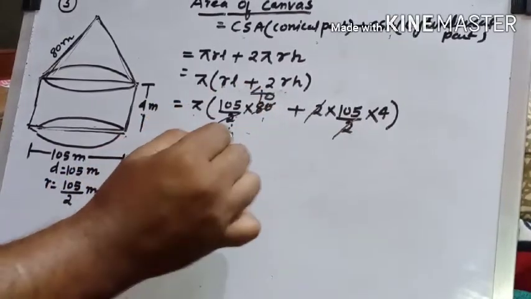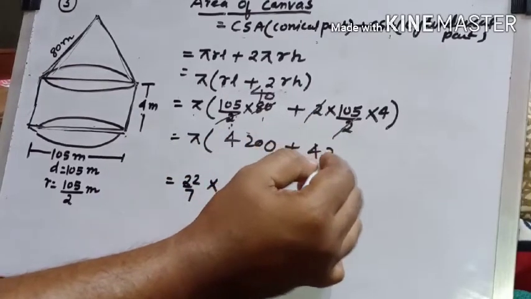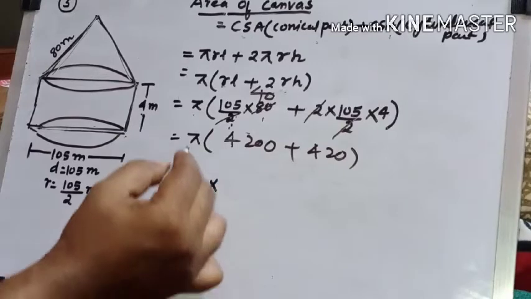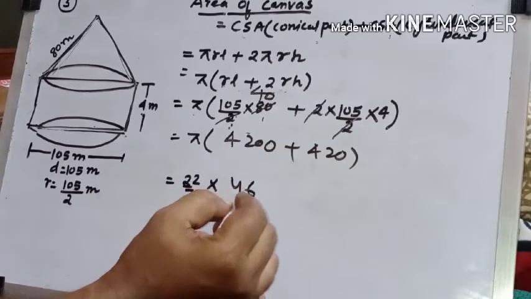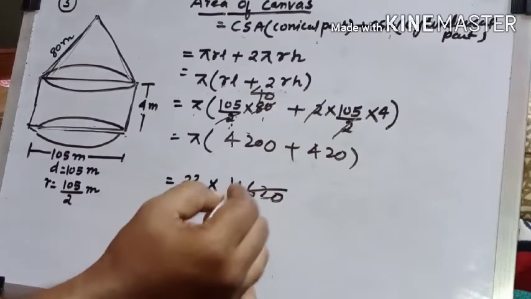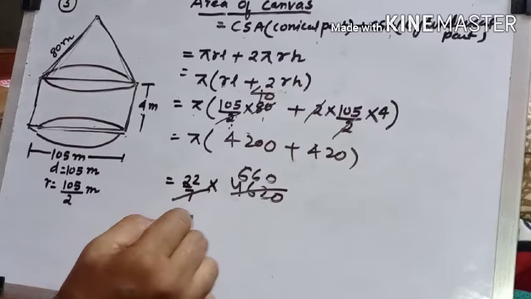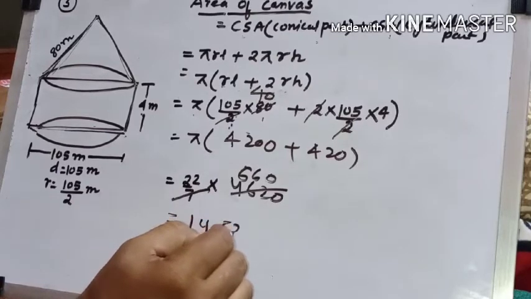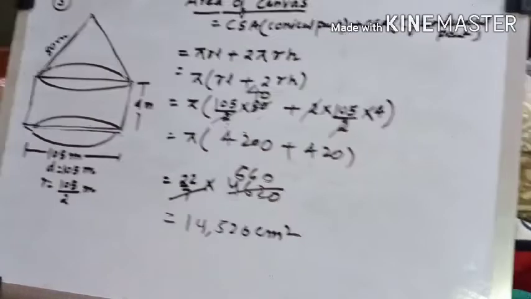So it will come out as 4200 plus this will be how much? 420. After calculation it will come up, pi value will put 22 by 7 into 4620, this will cancel it how many times? It will cancel it 660 times. So multiplication will give you result as 14520 meter square. This is area of canvas required.